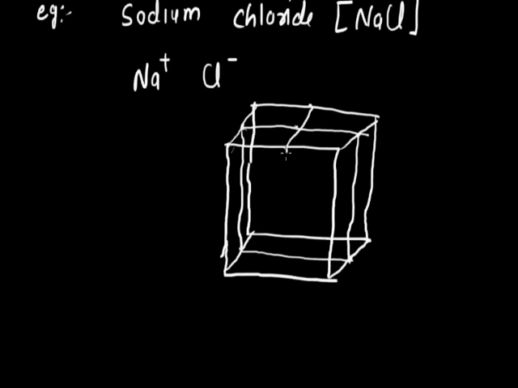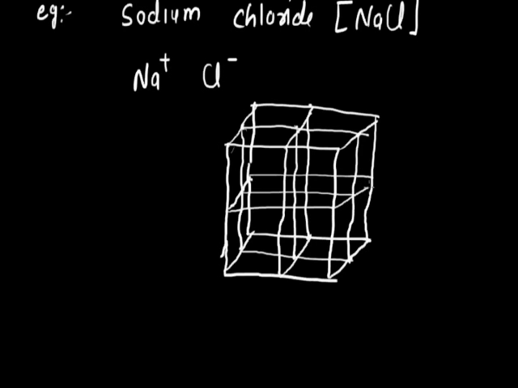Meet first line to first line, second line to second line, and third line to third line, and meet these 3 points. This is a crystal lattice structure of NaCl.